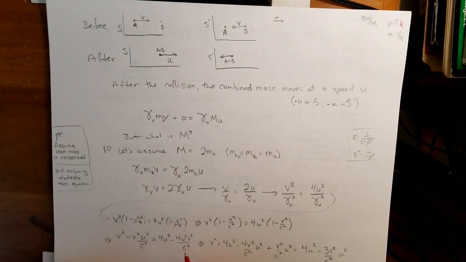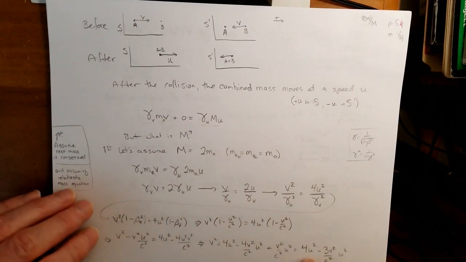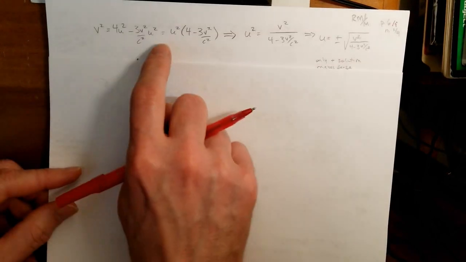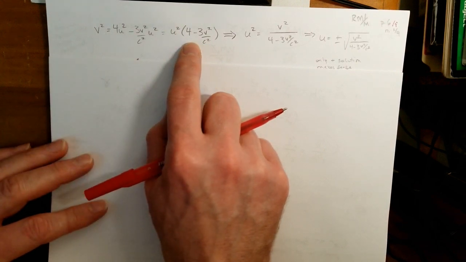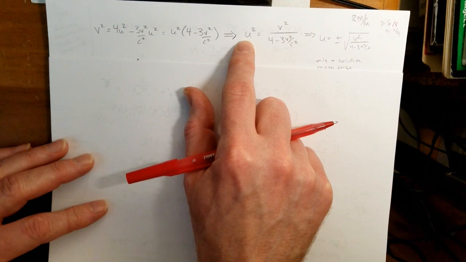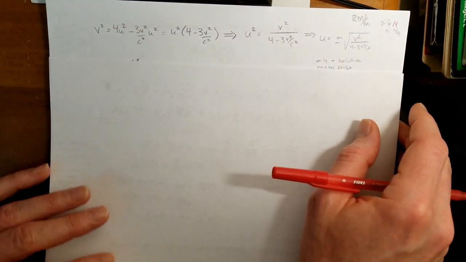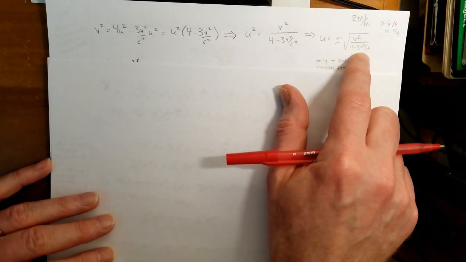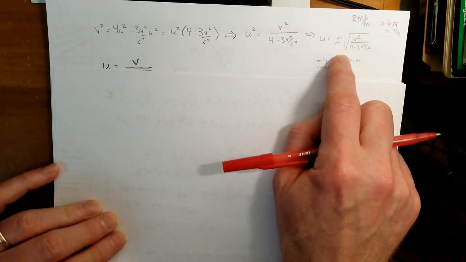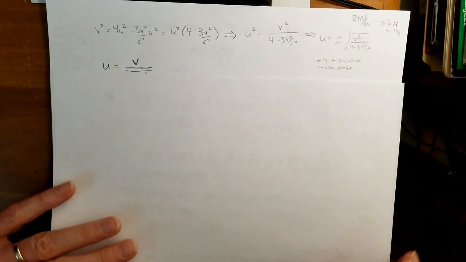Bringing this over to the right, we get that equation, which combines, and we end up with v squared is 4u squared minus 3v squared over c squared times u squared. Factoring u squared out, we end up with this, and so u squared is equal to this expression. We now have u in terms of v, and so u is plus or minus this expression right here, and only the positive solution makes sense given the way that we've defined our variables.